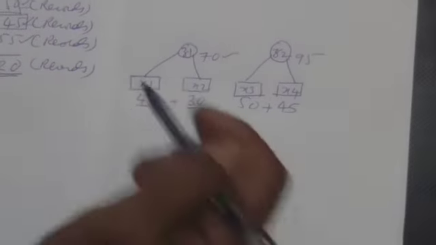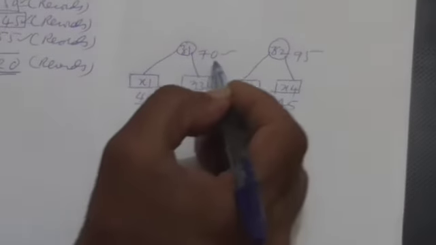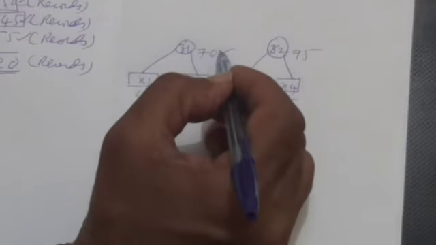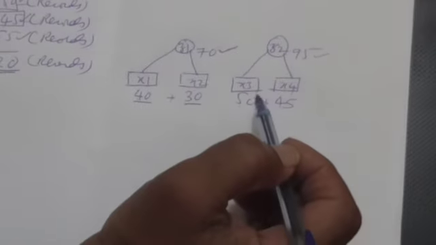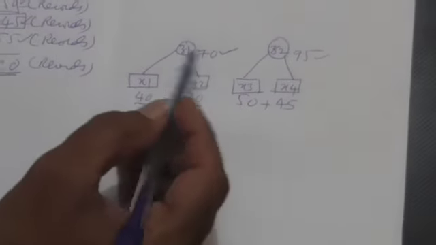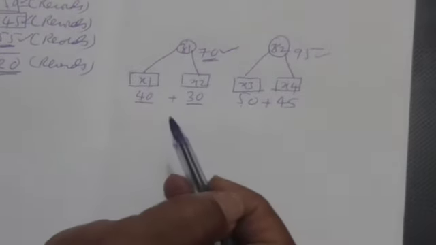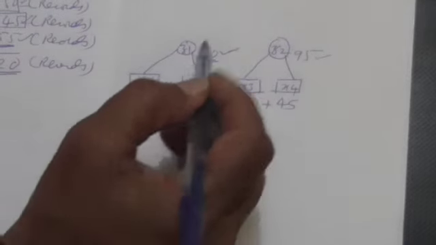Now I have three files: x5 containing 55 records, the file Z1 containing 70 records, and file Z2 containing 95 records. So now the lowest two are this 55 and this 70. What I do is merge x5 and Z1.